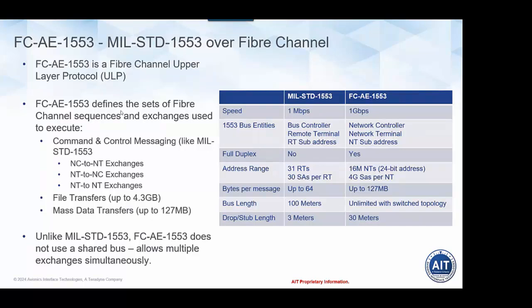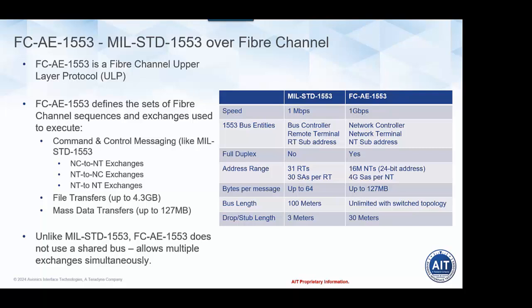What it does is it defines a set of Fibre Channel sequences and exchanges that are used to execute 1553-like communications. So NC to NT exchanges, which are analogous to a 1553 bus controller to remote terminal transfer. NT to NC exchanges, analogous to a 1553 remote terminal to bus controller transfer. And then NT to NT exchanges, which are analogous to RT to RT transfers in the 1553 world.